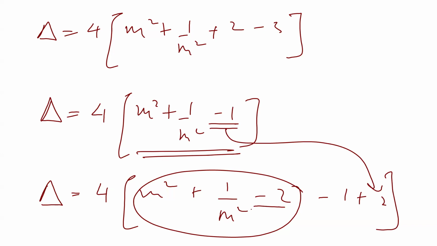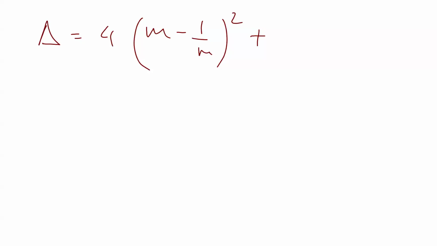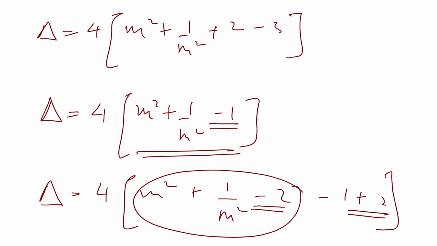So I'm subtracting 2, I'm adding 2. Minus 1 remains the same. Fine. So this will be 4 times m minus 1 upon m the whole square plus 1. This is going to be plus 1.